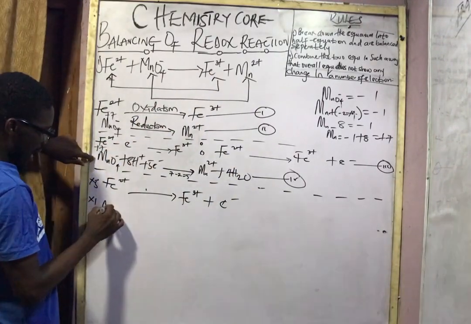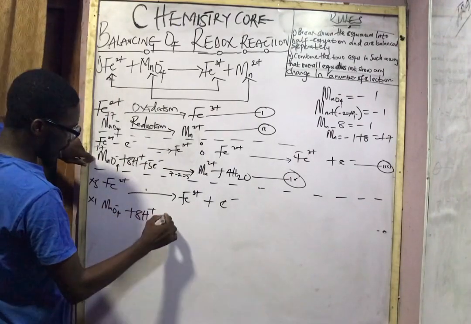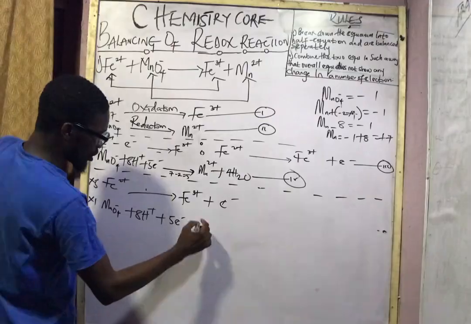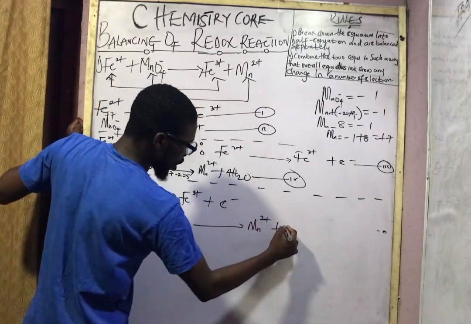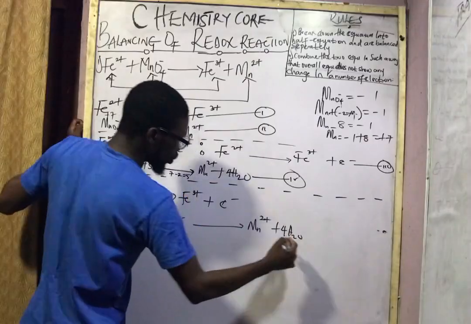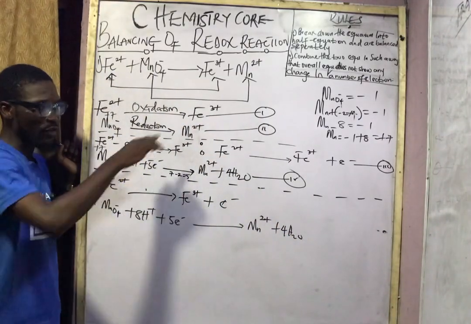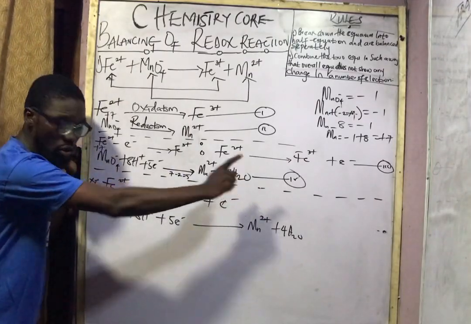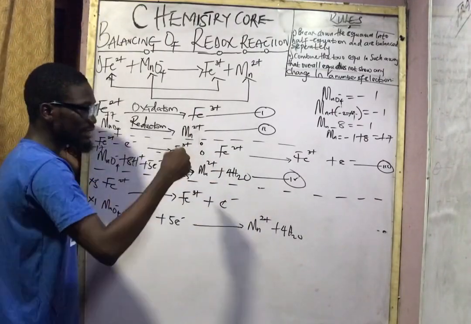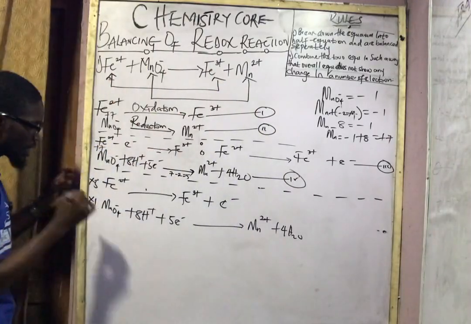So we have MnO4⁻ plus 8 hydrogen ion plus 5e electron, giving Mn²⁺ plus 4H2O. So guys, the moment you multiply the charge of equation 3 by 4, this is going to change all through. And the moment you multiply the charge of equation 4 by 3, let's see what we are going to have, guys.